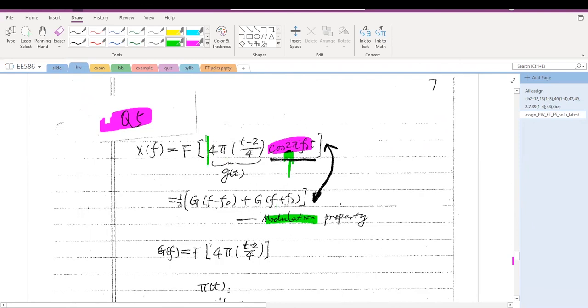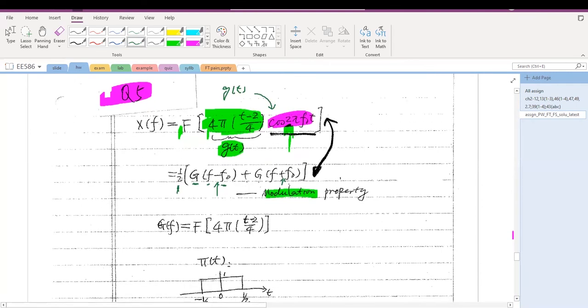So I'm going to denote this function as g of t. Therefore, the Fourier transform of g of t multiplied by this cosine, using the modulation property, equals g of f minus f naught plus g of f plus f naught. So the spectrum is shifted to f naught and to minus f naught, summed up, and scaled.